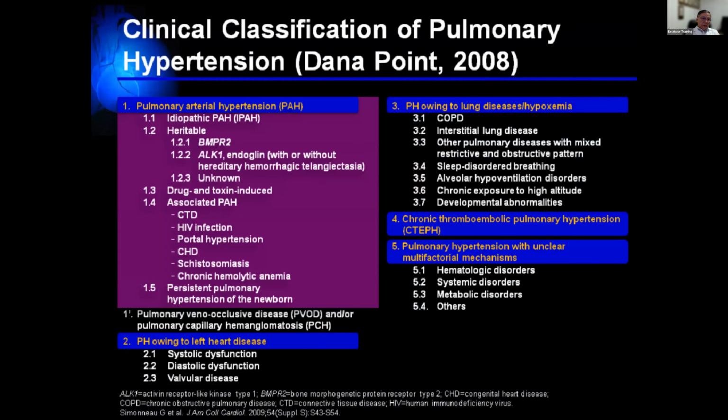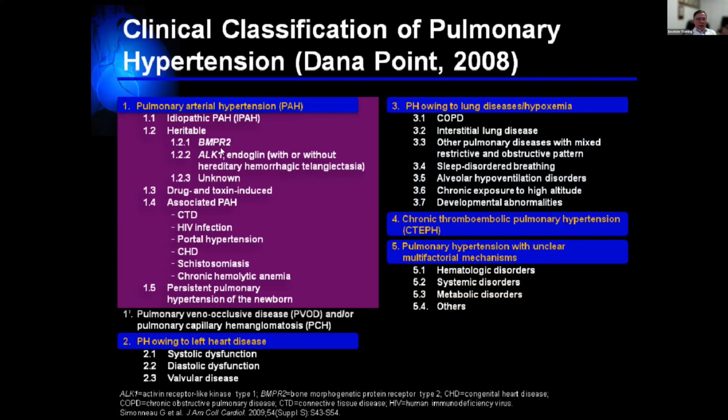So if you break down these 5 categories into subcategories, there are a lot of new diagnoses or newfound causes of pulmonary arterial hypertension. For example, hereditary. If you have mutation of BMPR2 genes, it can lead to the development of pulmonary hypertension.